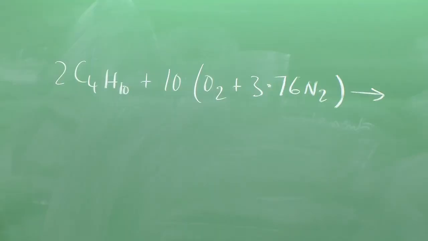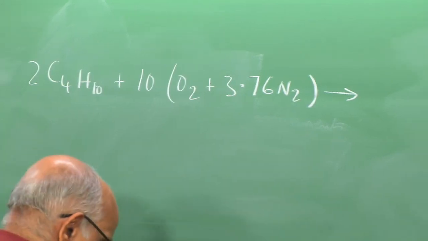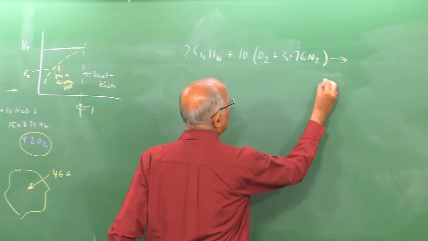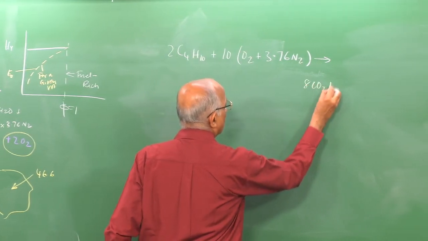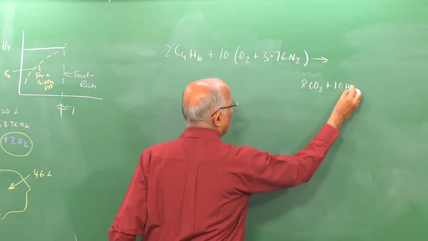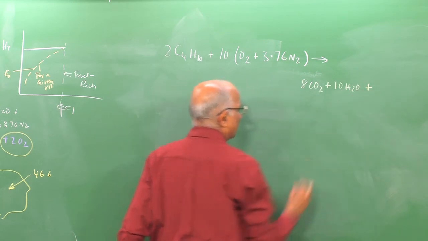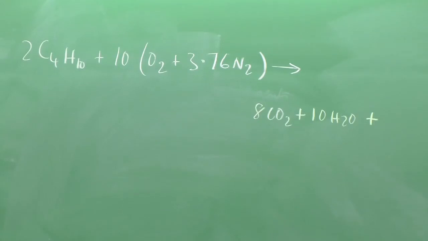Now I want to write the balance equation. Therefore, what is it I get? Let us presume, like in the earlier cases, I still get, let us say, 8 CO2 plus 10 H2O plus the nitrogen. We will put these down a little later.